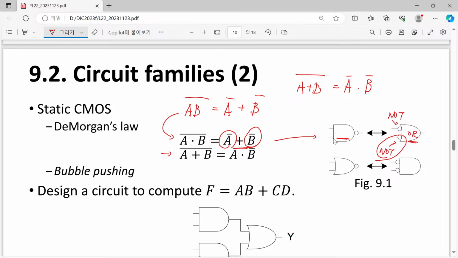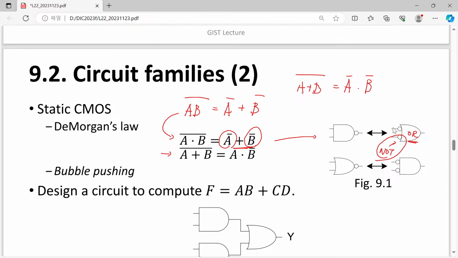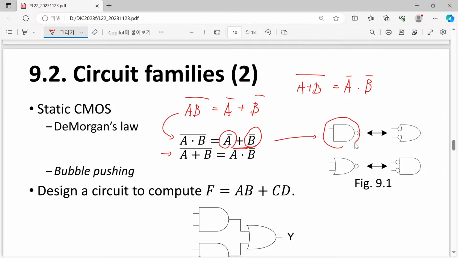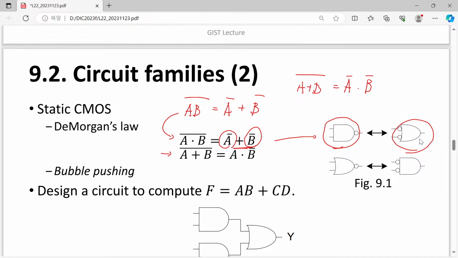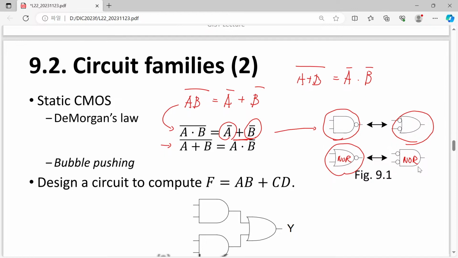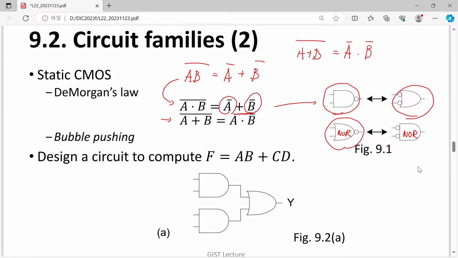So although we are much more familiar with drawing our NAND gate in this form, this is another equivalent form of NAND. The same happens for our NOR. Although this is NOR, this can also be regarded as a NOR gate.